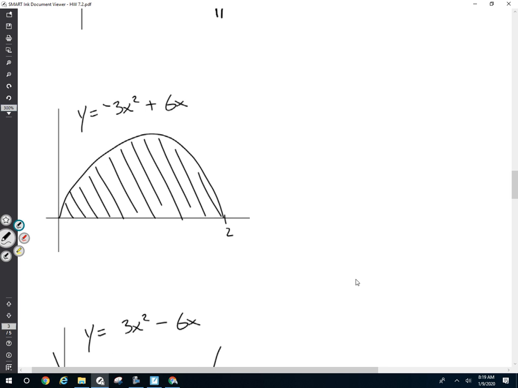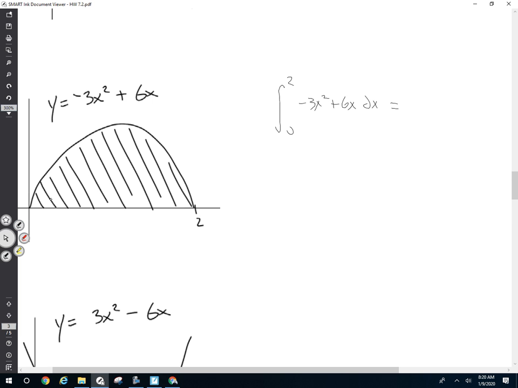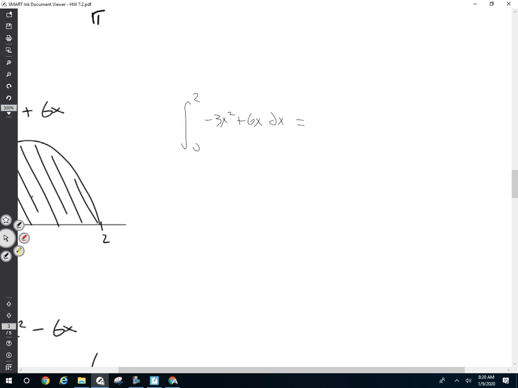Okay, just a couple more, same deal, just kind of practice. We got 0 to 2 of negative 3x squared plus 6x. The only way to find the velocity times time here, you might think this is a semicircle, but it's not, is to find the change in the antiderivative. We got x cubed times 1/3, the 1/3 and the negative 3 will cancel.